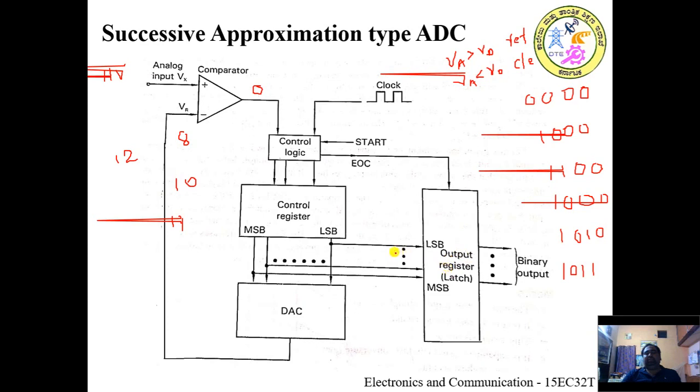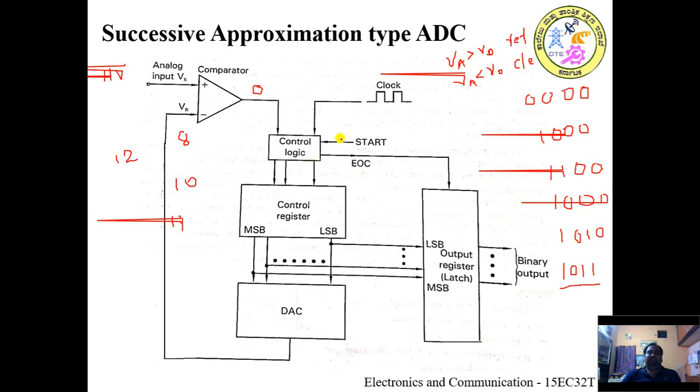This output register takes whatever digital equivalent value is there in the control register and produces the actual binary output, which is nothing but 1011.